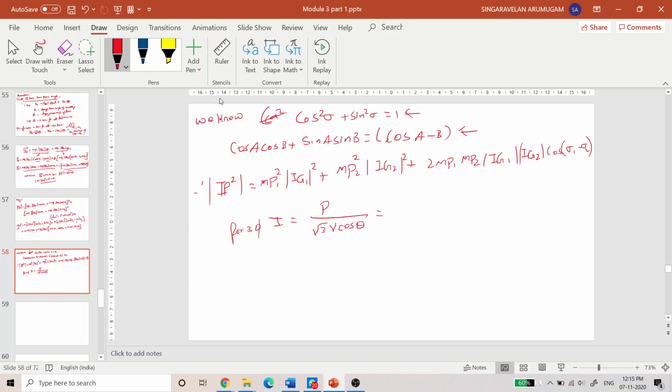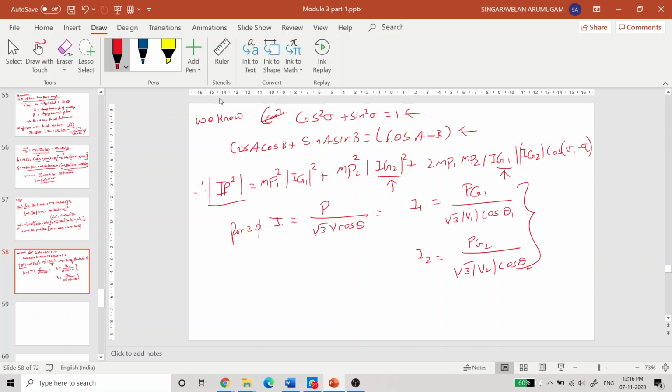If that is the case, the value of I1 is equal to Pg1, the power generated by generator 1, divided by root 3 V1 cos theta 1, the power factor of generator 1, and I2 is equal to Pg2 divided by root 3 V2 cos theta 2. Wherever we get these values in this equation, we are going to apply these two formulas, so that we come up with the total IP square value.